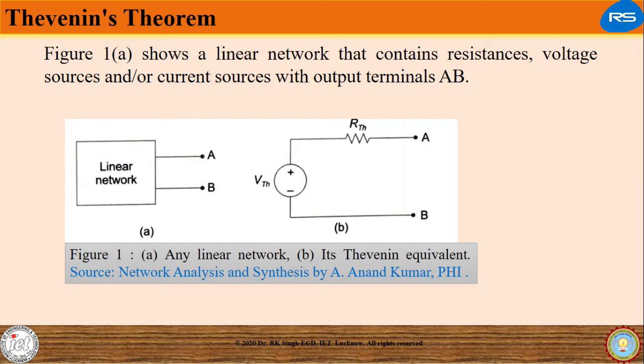Let us take a block diagram of a linear network having terminals A and B, whose equivalent circuit is shown over here. The equivalent Thevenin is VTH, to which a series resistor R Thevenin is connected, and both the circuits are equivalent in all aspects.